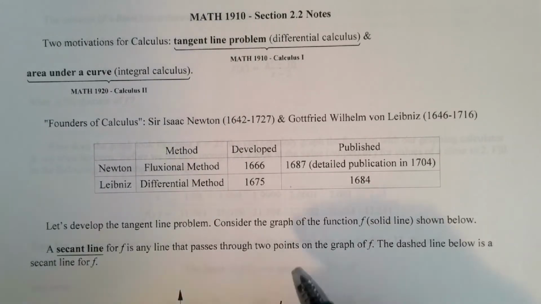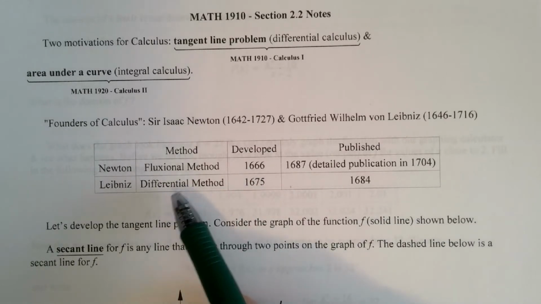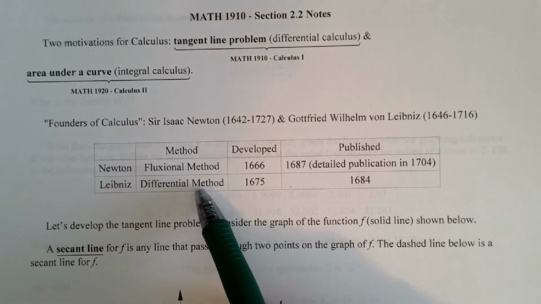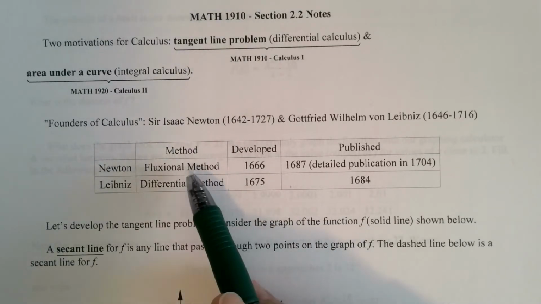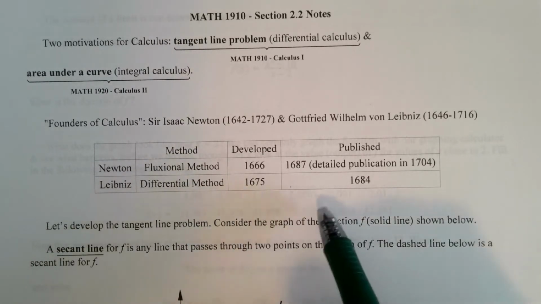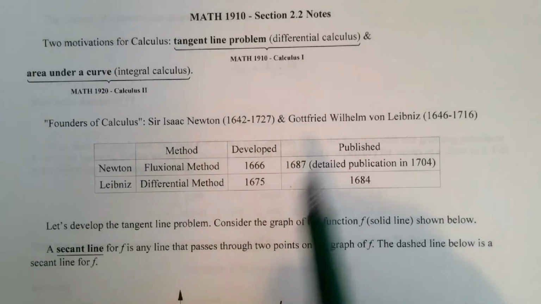Leibniz apparently developed his differential method a little bit later, in 1675, and it turns out we really use his Leibniz notation quite a bit in calculus. Newton's notations, maybe not so much. And you can see that Leibniz apparently published a few years before Newton did.